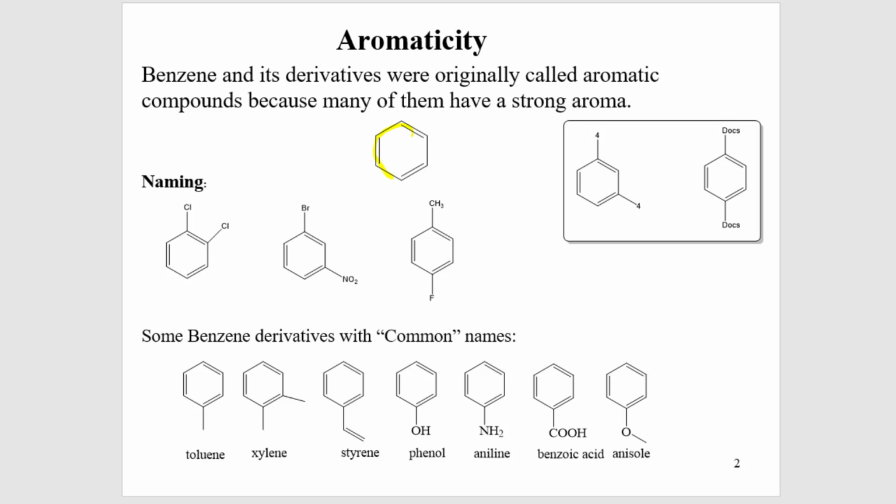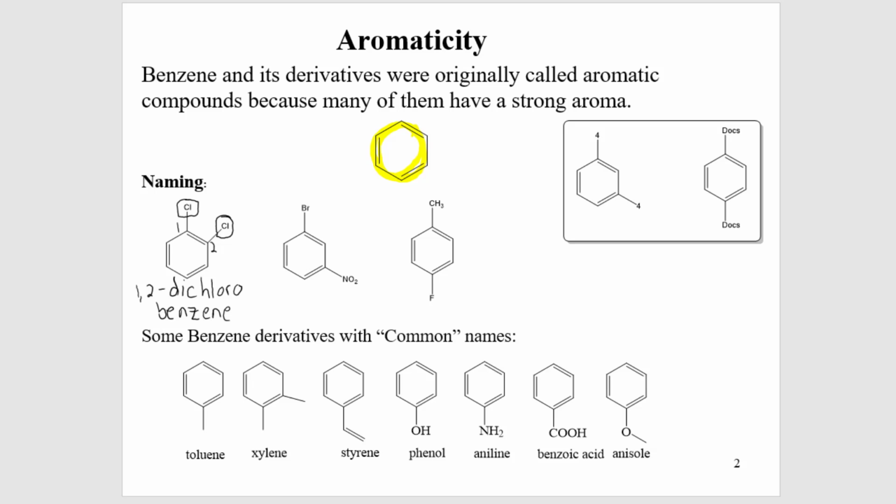So here we have a benzene ring. It's a 6-membered ring with 3 pi conjugated bonds. When you have 2 groups off of the benzene ring, and it doesn't matter what those groups are, when their relationship is 1,2, so this is 1,2-dichlorobenzene, that's the IUPAC way of saying it.